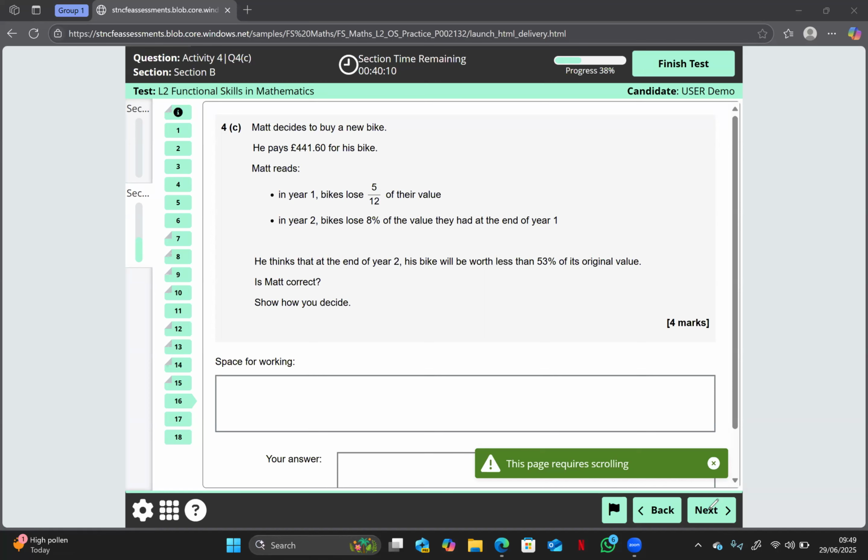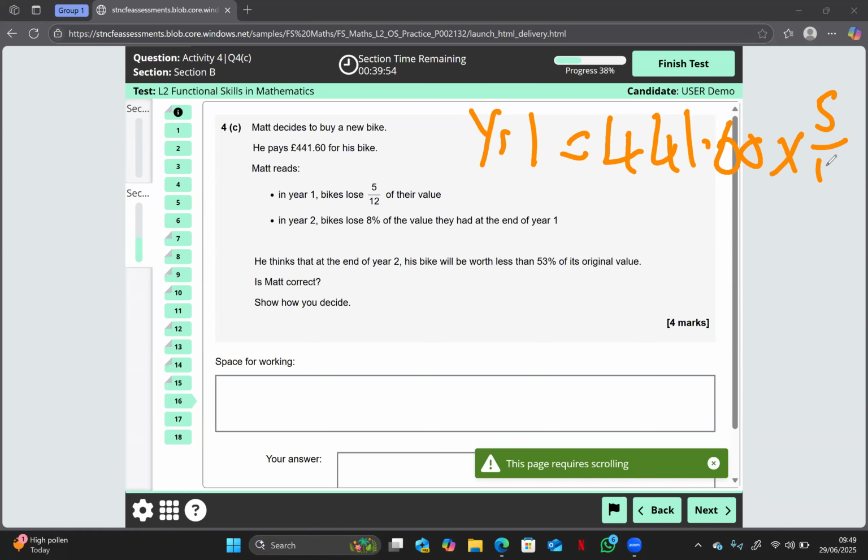So, firstly, we work out the end of year one. So, year one, his bike: 441.60 multiplied by 5/12, since it decreases by 5/12. So, what we do is we work out what that is.